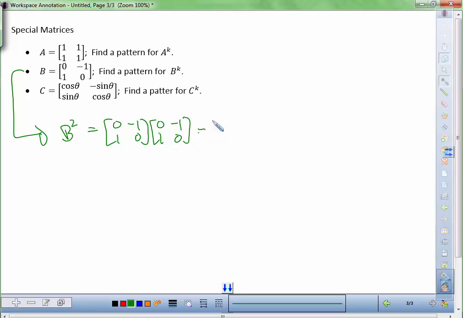First row, first column goes in the first row, first column. So 0 times 0 plus negative 1 times 1, then 0 times negative 1 plus 1 times 0. Now the bottom row: 1 times 0 plus 0 times 1, and then 1 times negative 1 plus 0 times 0, so that's negative 1.